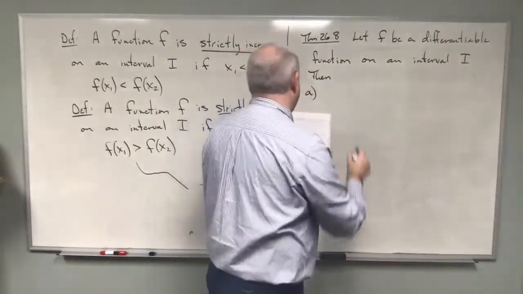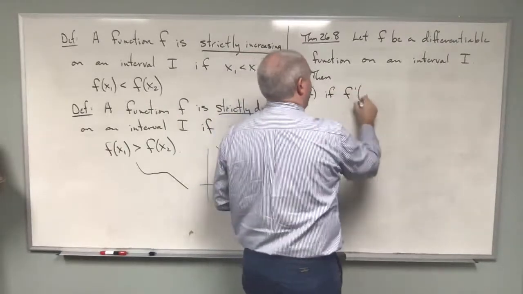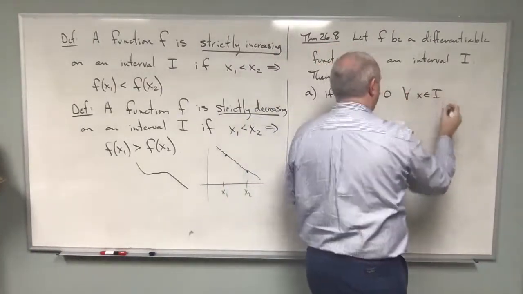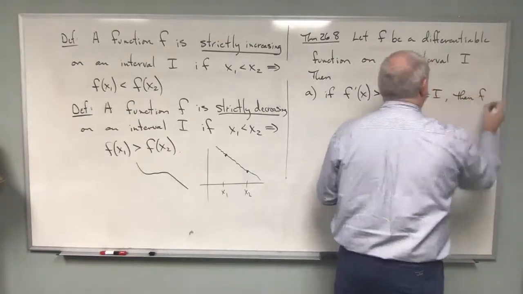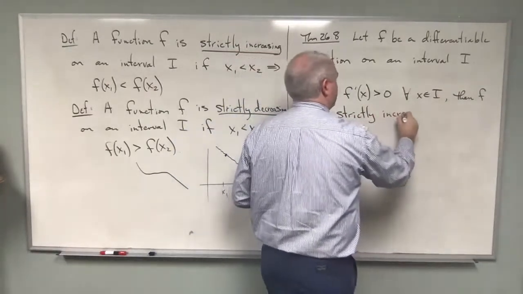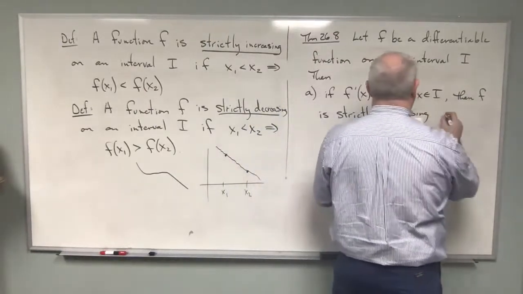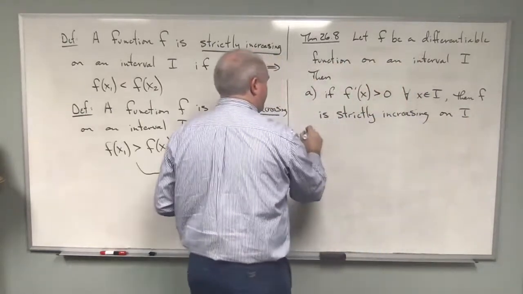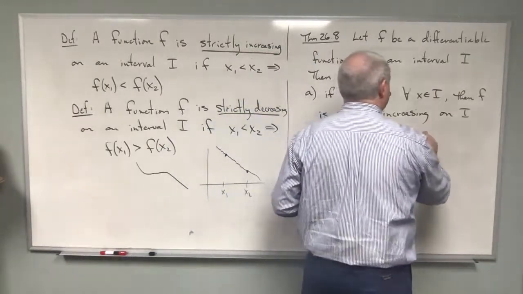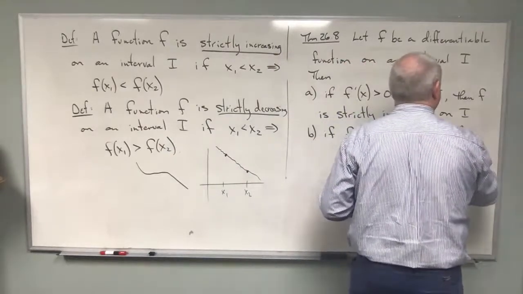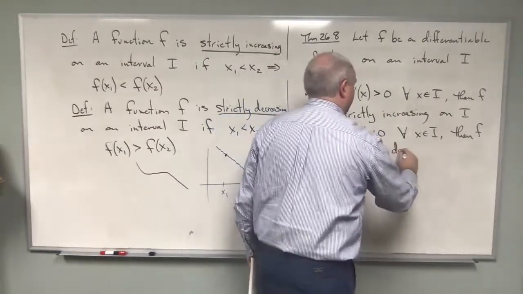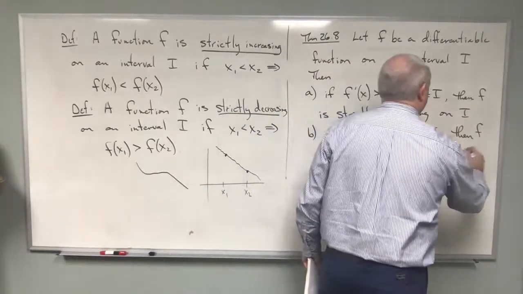First, part A, if f prime of x is greater than 0 for all x inside our interval I, then f is strictly increasing on I, and B, if f prime of x is less than 0 for all x in I, then f is strictly decreasing on I.